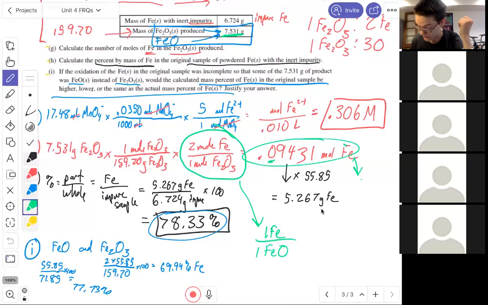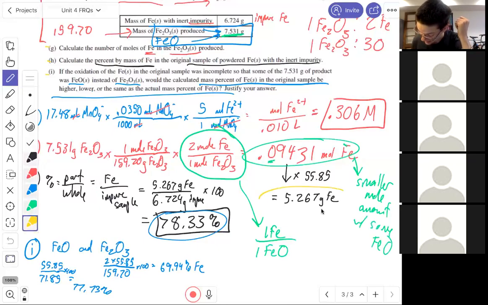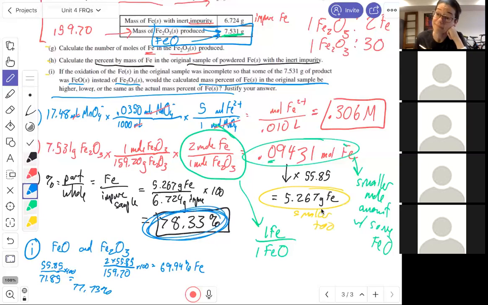So it would be a smaller mole amount with some FeO. And if you have a smaller mole amount there, what does that mean for this? It's smaller too. Yep. Percent mass. So then what does that mean for this? Everything is just smaller. Everything is smaller.